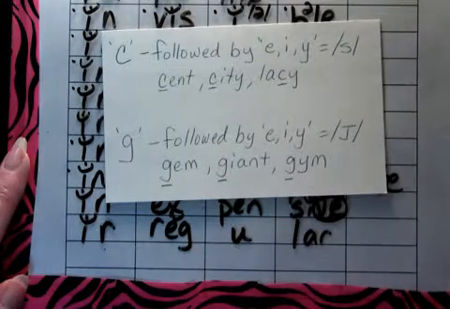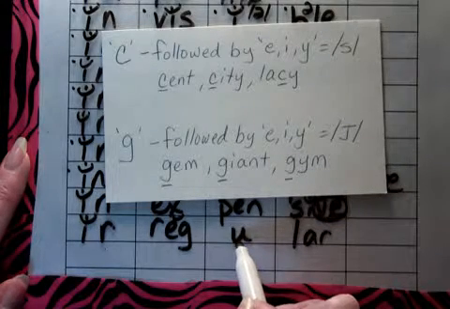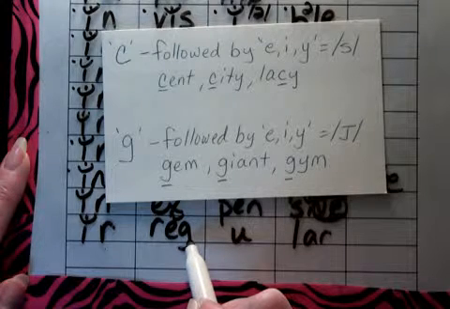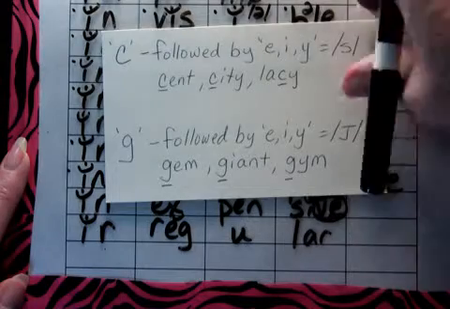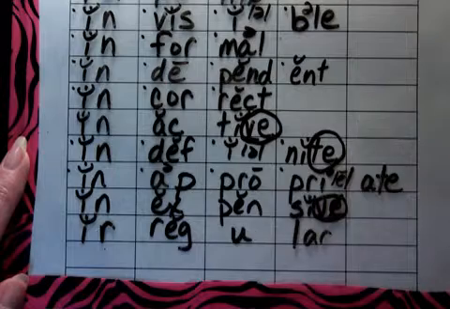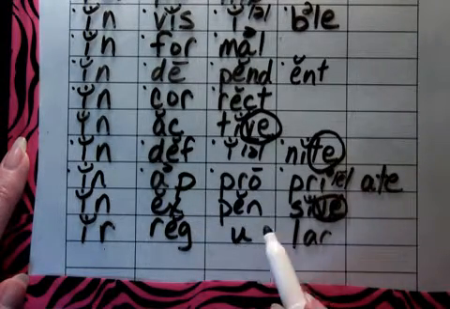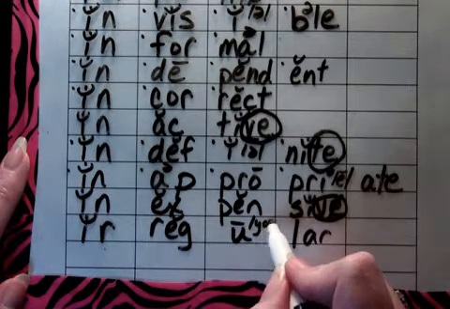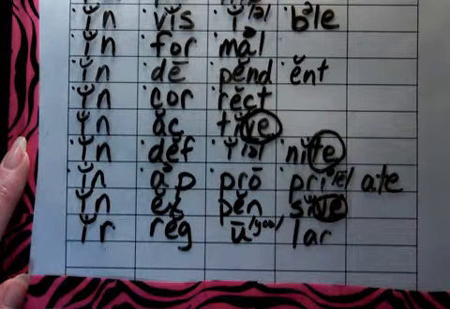G followed by an E, I, or Y says J. This is not an E, an I, or a Y. This does not say J, it says G. Okay, just showing you the difference. This says U. That's the Y-O-O.